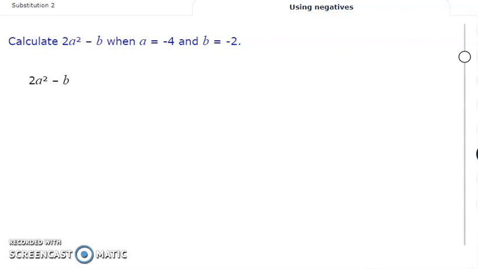So let us proceed to solve and check. 2a square minus b is 2 times a square minus b. So 2 is there and a is given as -4, so it is -4 and -4, and then minus of -2. Remember here it is minus, and -2 is the value of b.